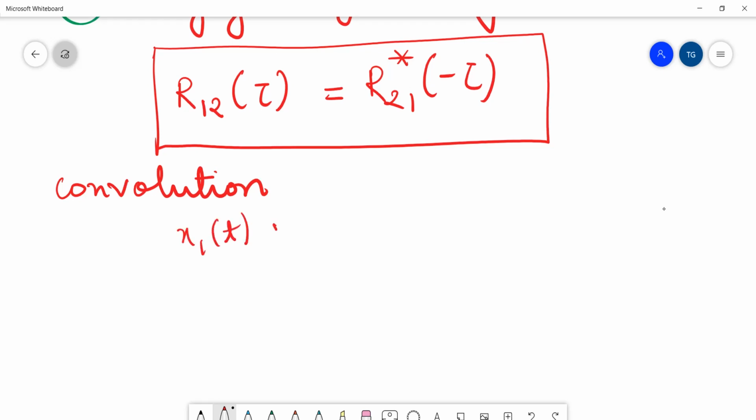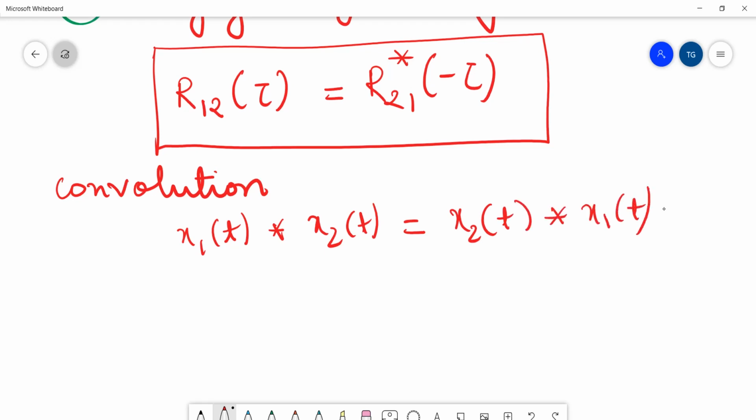So x1 of t convolution with x2 of t is equal to x2 of t convolution with x1 of t. So the position of the two signals doesn't matter in case of convolution, but in case of my cross correlation, these positions will matter. That is, R12 of tau is not equal to R21 of minus tau.